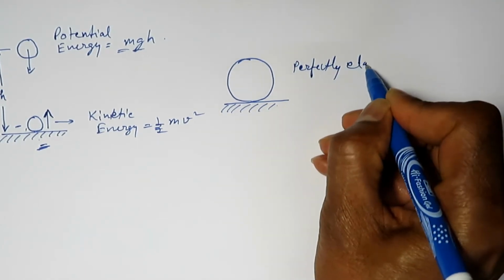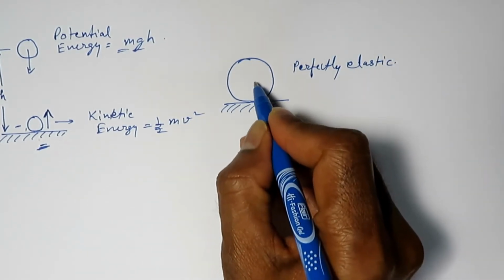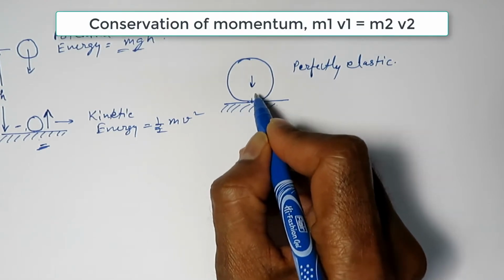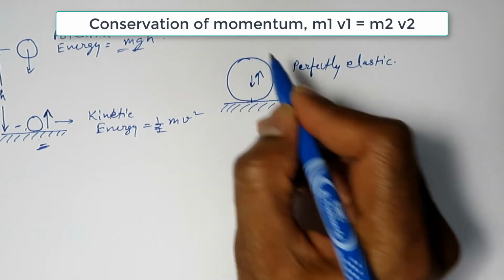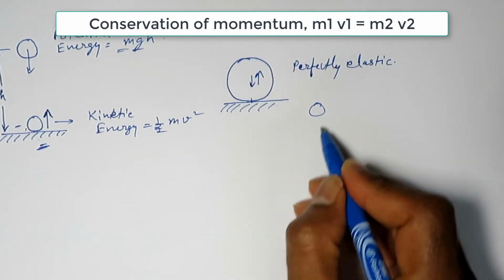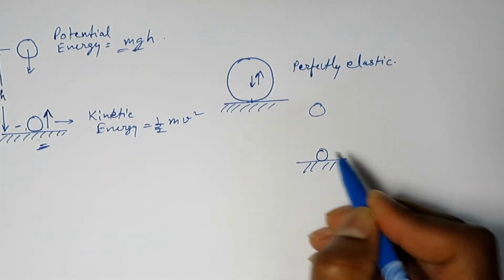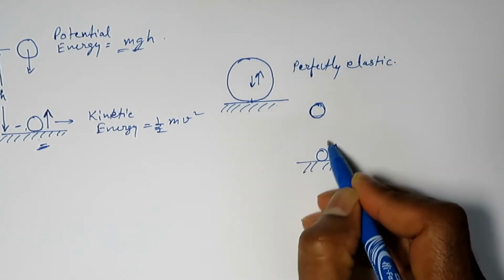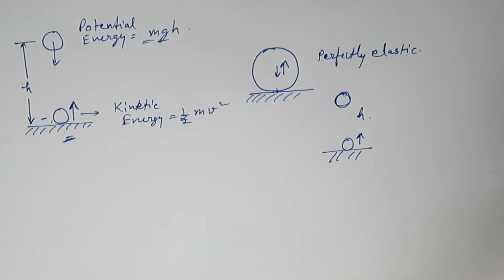If the contact is perfectly elastic, then all the energy will be transferred back into the ball after the collision, which comes from the conservation of momentum principle. In this case, the ball will bounce back to the same height. It will reach back the exact location from where it was dropped from.